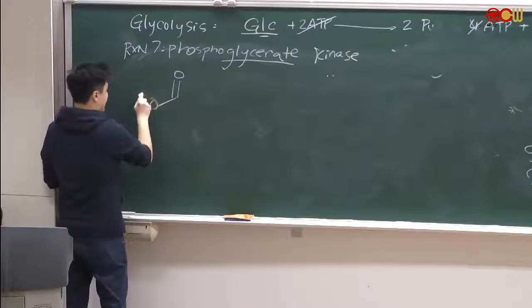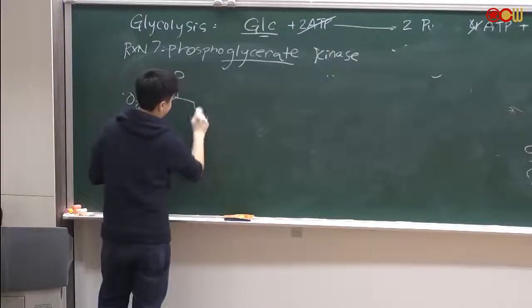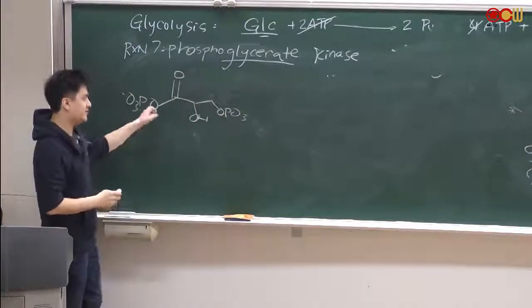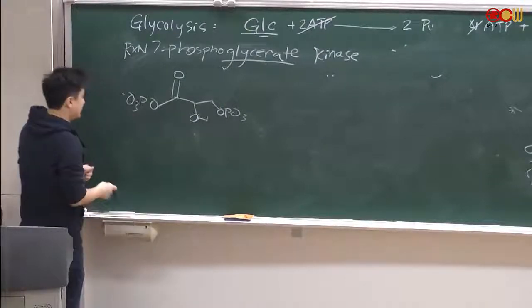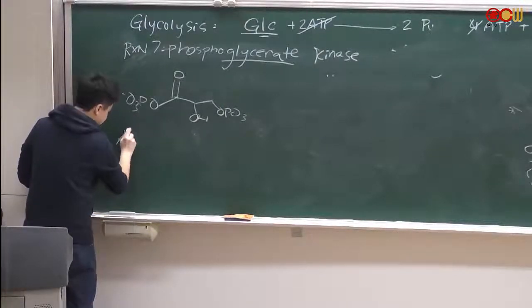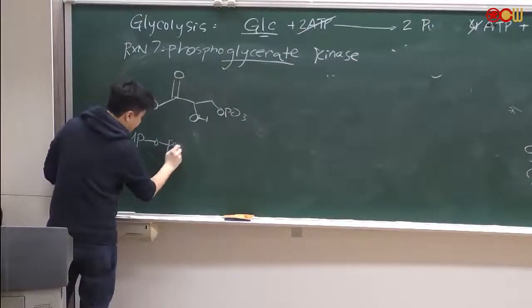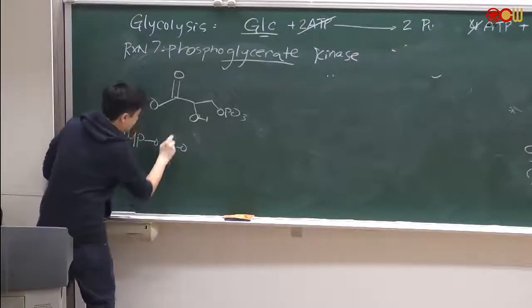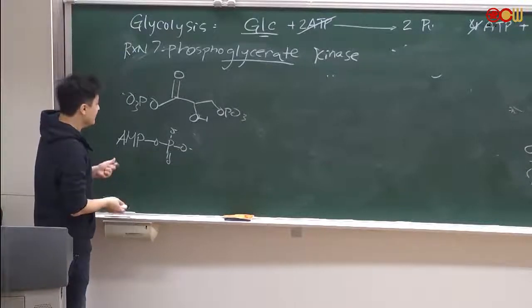All right, so here you have your 1,3-bisphosphoglycerate, 1,3-BPG, and you have ADP here. I'm going to draw AMP, and then O, 1P, and phosphate. We'll draw it like that.